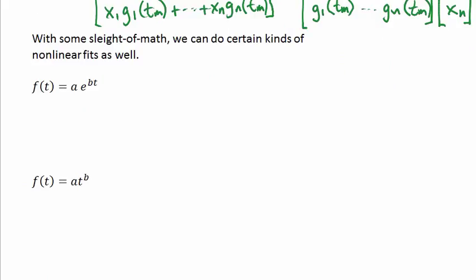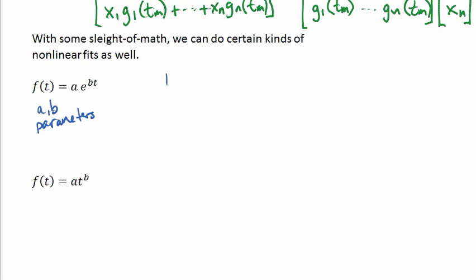So for example, here's an exponential fitting function. f of t is equal to a times e to the bt, where a and b are considered parameters. So in other words, we want to consider all possible functions of this form for different values of a and b. Well, that is not expressible as linear combinations using a and b, the unknowns.